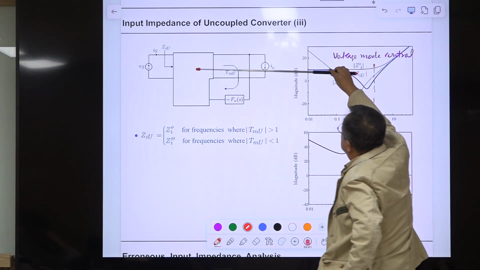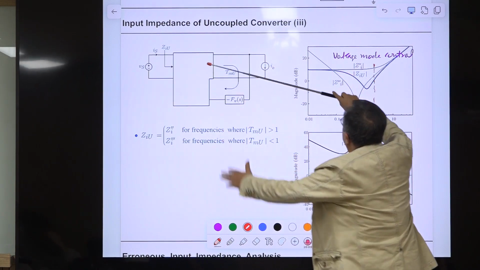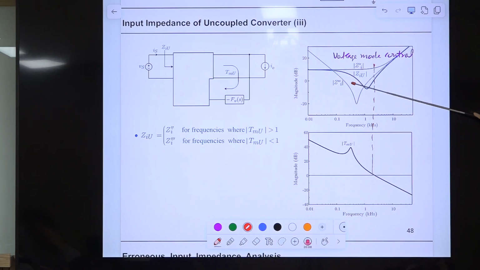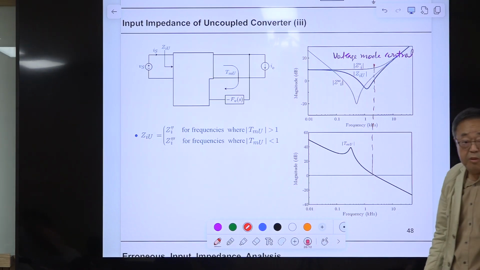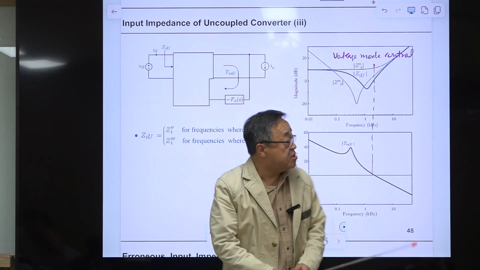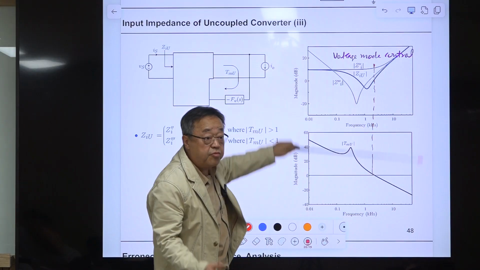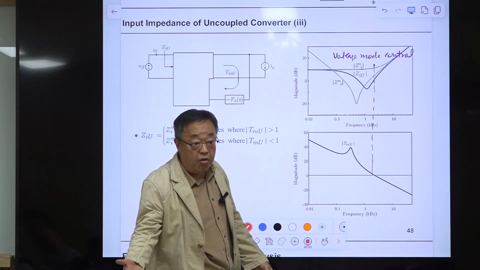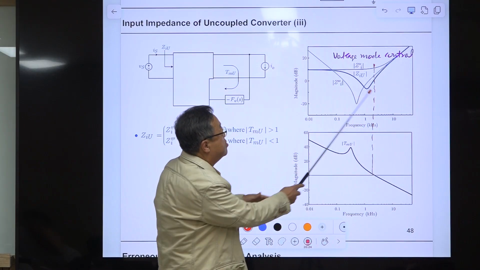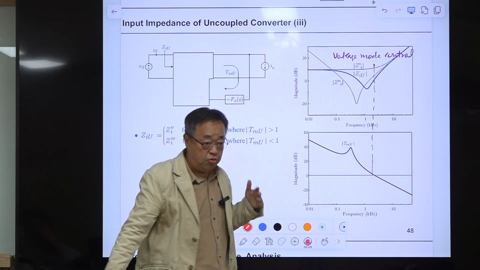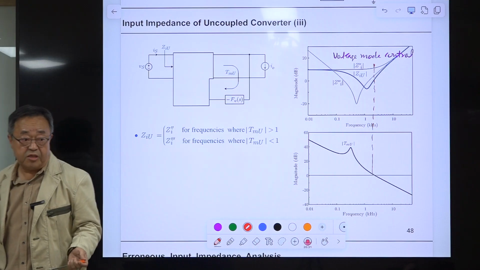It starts somewhere here, at very low frequency, it is minus R, and it goes like this, and it converges to this one, which is the open loop input impedance. For this case, this dipping is apparent, but for some other topology, or current mode control, this will be gone. So sometimes it looks like this. It depends on the control method and your compensation design.